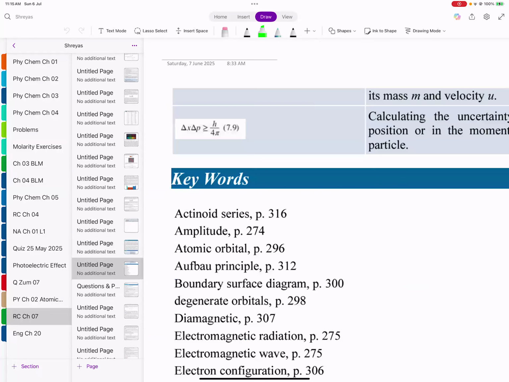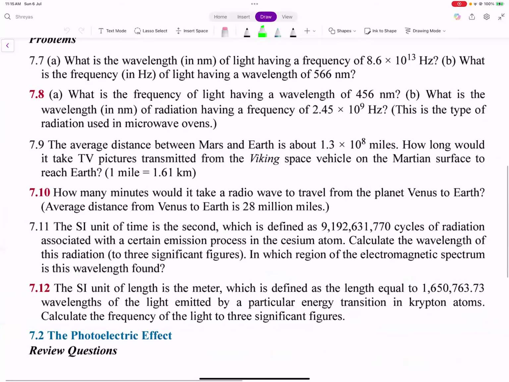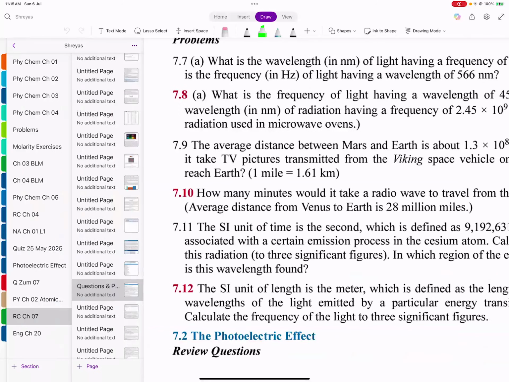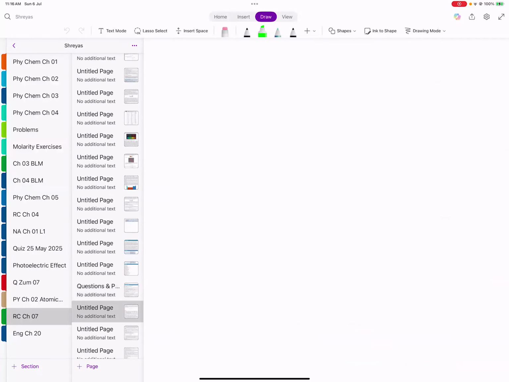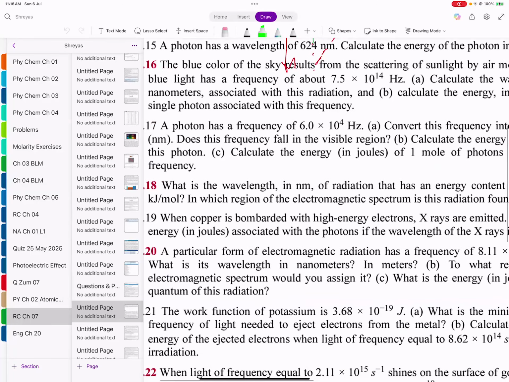And this is the summary. And these are some problems which we did, right? I think we did the majority of the problems. Let's see.